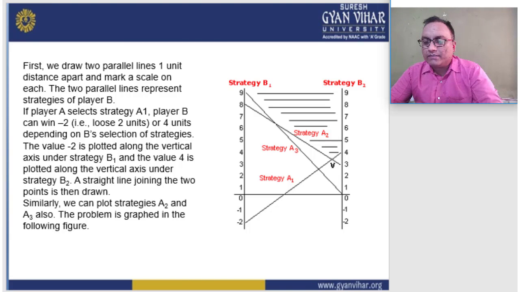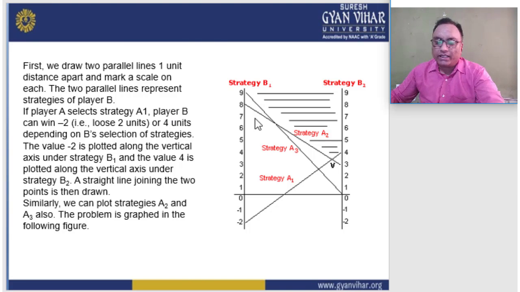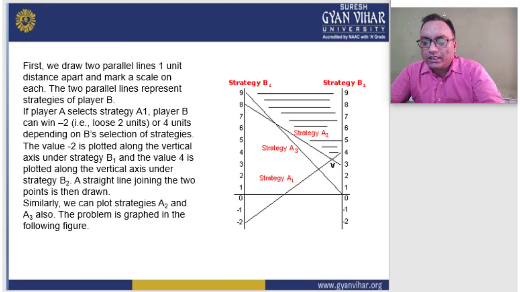For solving this problem by the graphical method in the mixed strategy, these are the steps. First we draw two parallel lines. These parallel lines are strategy B1 and strategy B2.